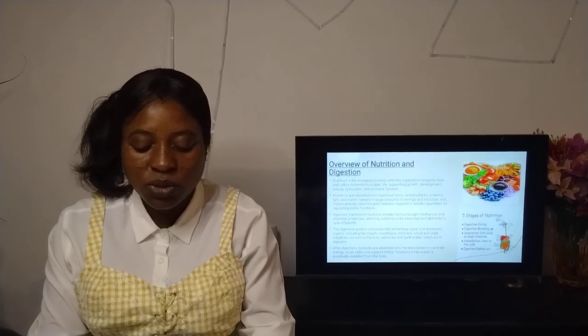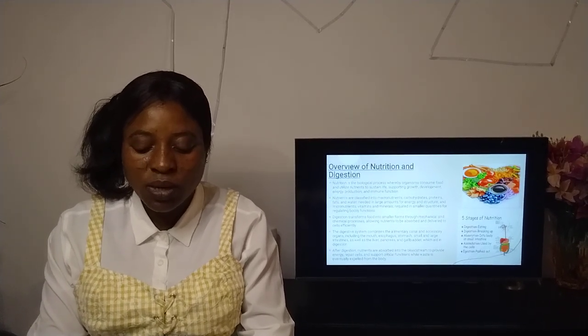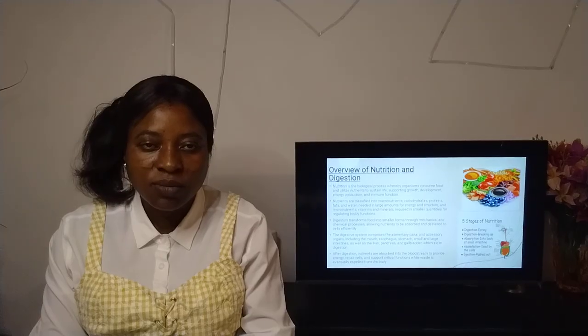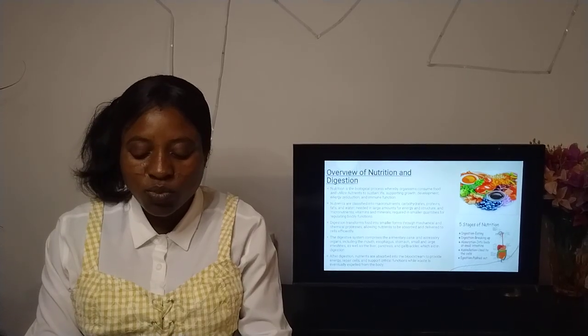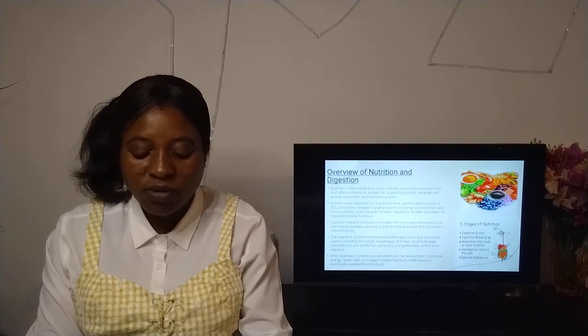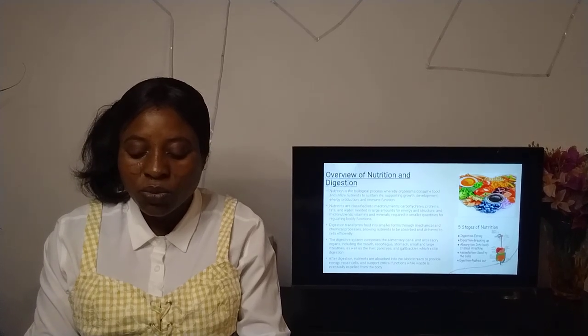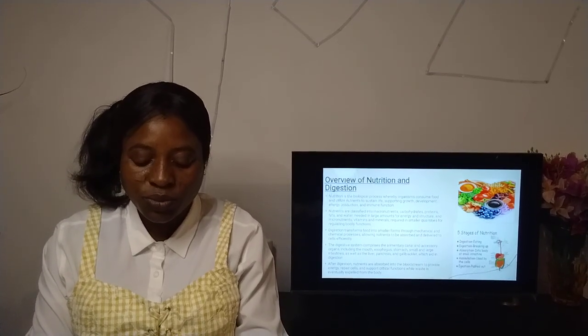Digestion transforms food into smaller forms through mechanical and chemical processes, allowing nutrients to be absorbed and delivered to the cells efficiently. The digestive system comprises the alimentary canal and accessory organs, including the mouth, esophagus, stomach, small and large intestine, as well as the liver, pancreas, and gallbladder, which aid in digestion.